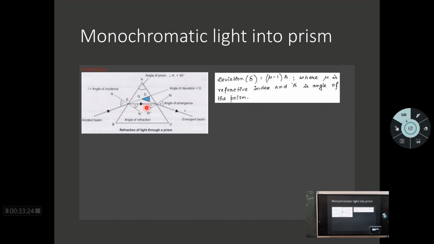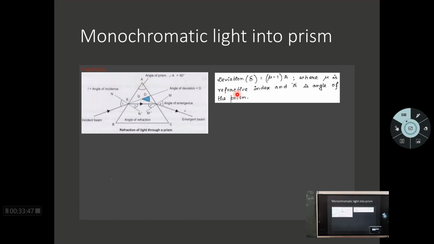Clear? And then, the most important thing here is what the prism is made up of. So, the refractive index of the prism becomes a very important physical quantity to be considered. And you can have prisms of different angles. Angle of prism is extremely important.